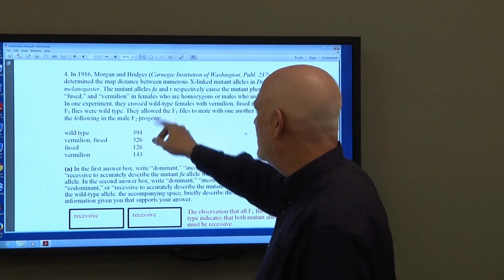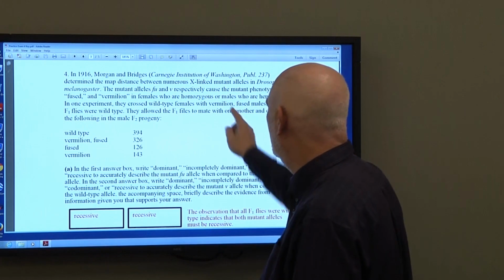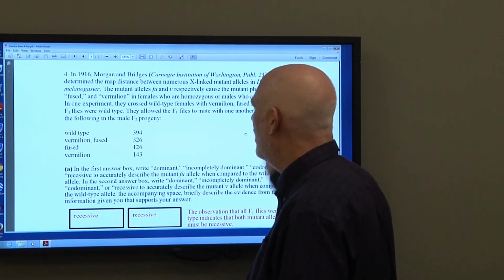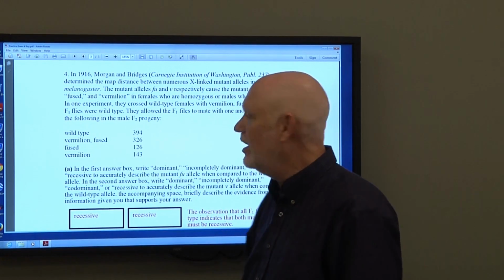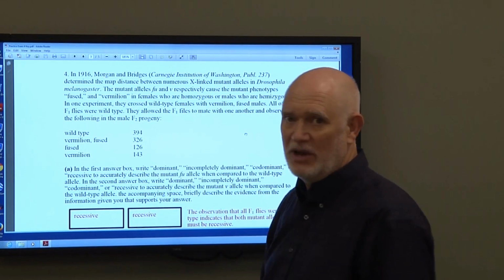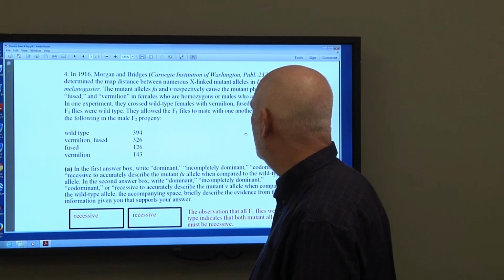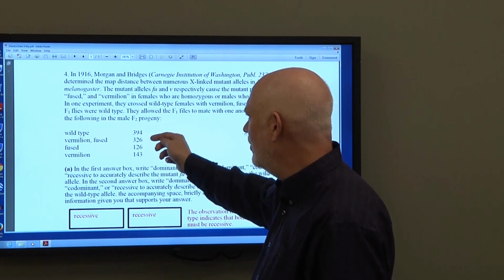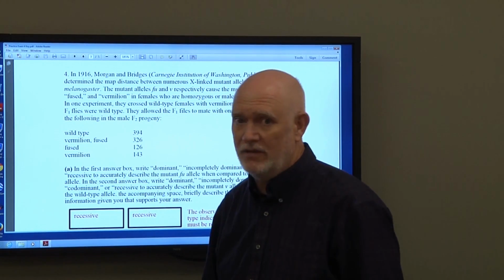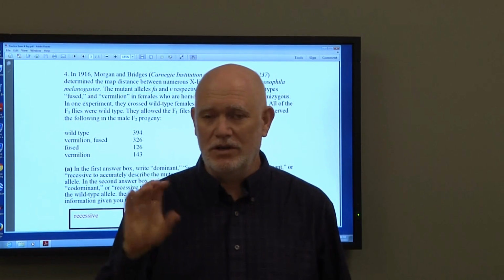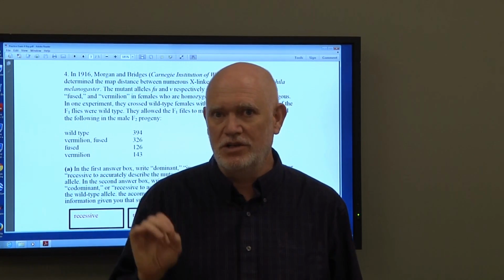In this case, they crossed wild type females with vermilion fused males. All of the F1 flies were wild type. These mutations, by the way, are on the X chromosome. They allowed the F1 flies to mate with one another and observed the following in the male F2 progeny. Now, it's very critical that we're looking at the male F2 progeny here.